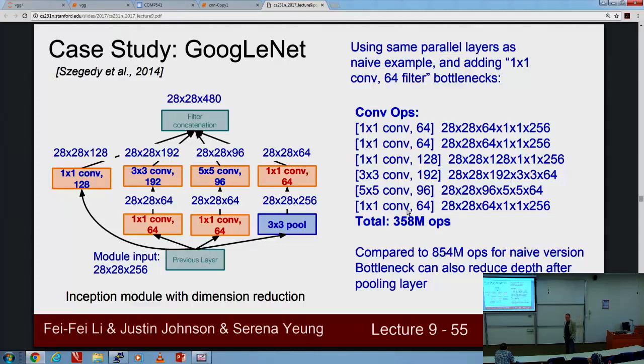But if we don't use any bottleneck layers, as I mentioned before, you can never reduce the total number of channels, because on the right side, as a result of the pooling, you already have 256 channels. So if you don't want your channel number to keep growing, at some point you need to do something about it. And these guys solved that by putting these bottleneck layers in there.